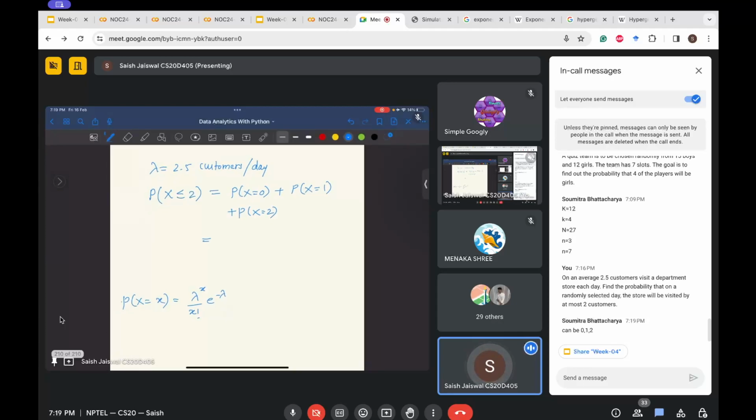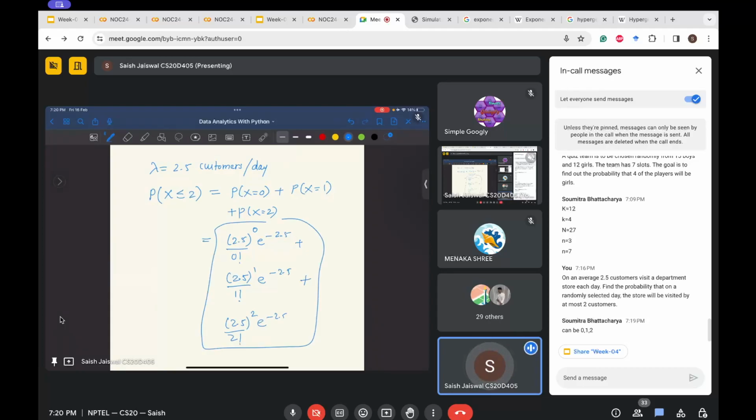Let me just substitute lambda directly: 2.5 to the power 0 upon 0 factorial e to the power minus 2.5, plus 2.5 to the power 1 upon 1 factorial e to the power minus 2.5, plus 2.5 to the power 2 upon 2 factorial e to the power minus 2.5. So if you solve this, you will get the answer.